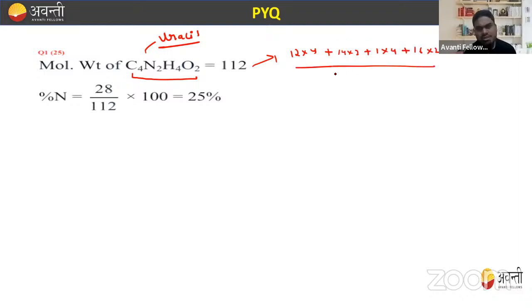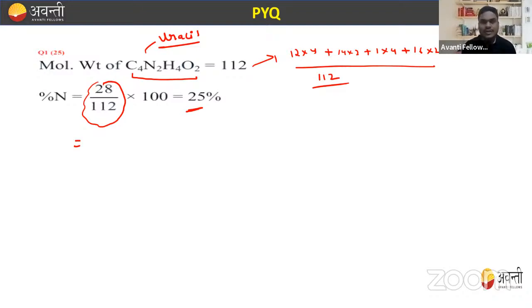Just calculate this, and I will get 112 total molar mass. Now, what is the percentage of N here? The percentage of N, beta, is 28 upon 112, multiplied by 100. So what will we get, beta? That is 25%. So 25% is the correct answer for this question. I hope it is clear to everyone? 25 is the correct answer for this question.